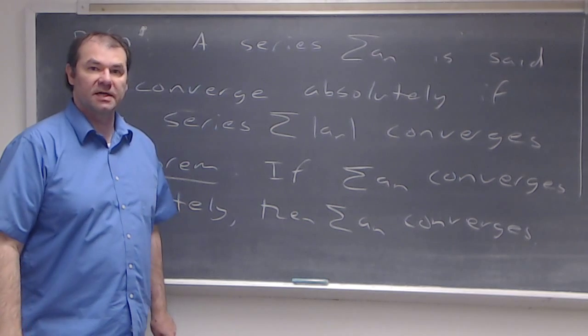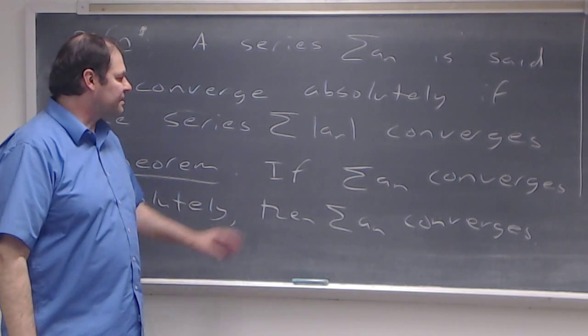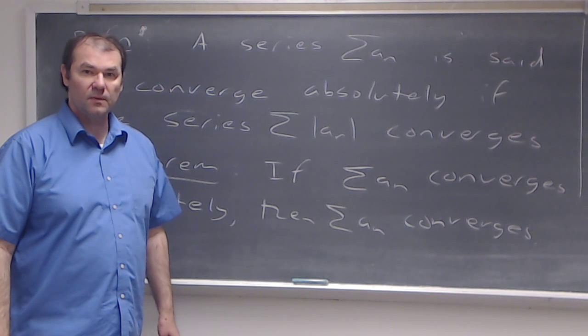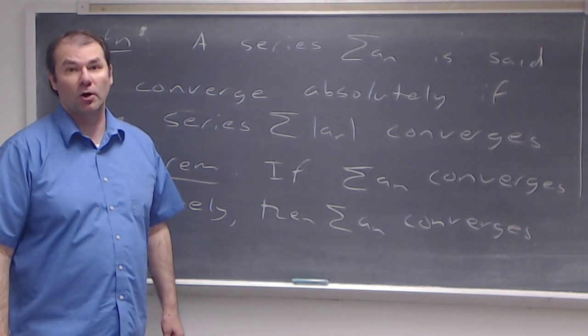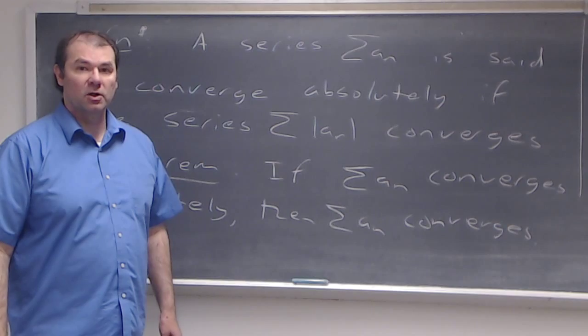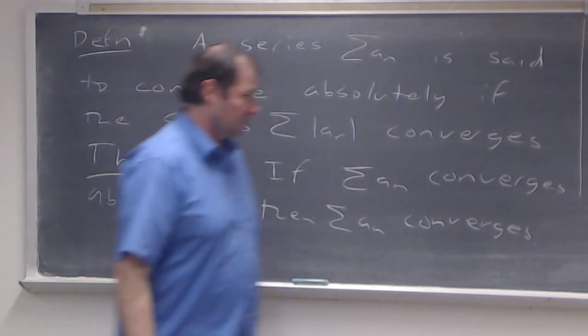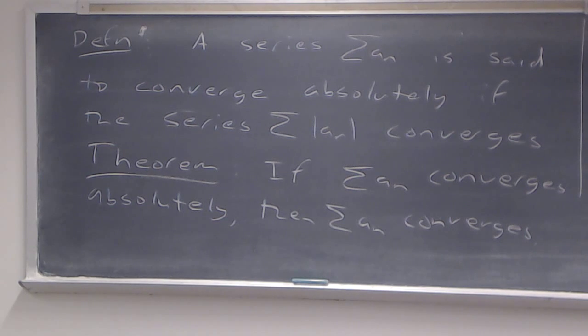And we'll get out of the way in just a second, but I believe the proof of this statement can be done using the comparison test in one or two lines. But we're going to look at using the Cauchy criterion instead. We'll do the proof of that in just a second, using the Cauchy criterion.